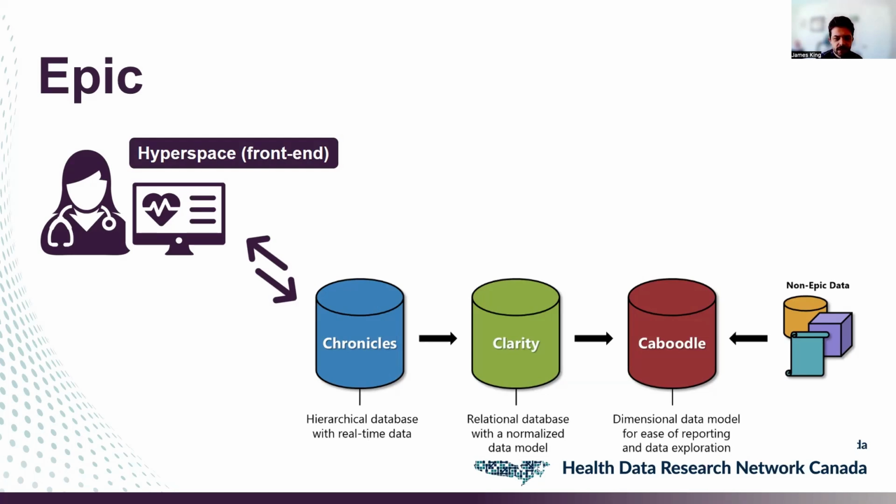We don't actually use this data, as it comes in directly from the front end. It's shifted also into a database called Clarity, which is a relational database. And then data can further go into Caboodle, which is more so used for a lot of direct reporting and analysis. The Caboodle database is also what can be linked to non-Epic data.